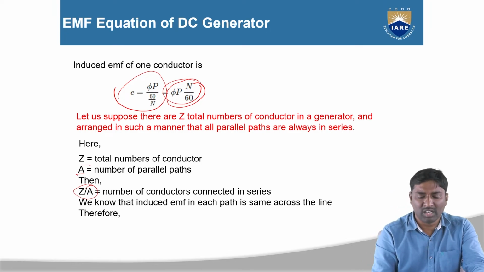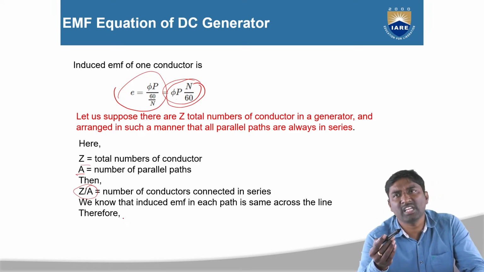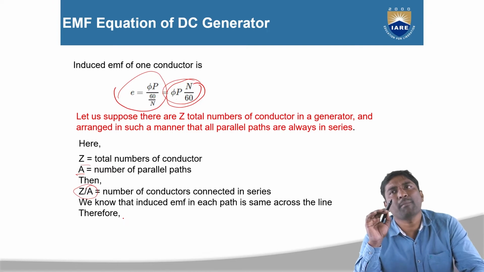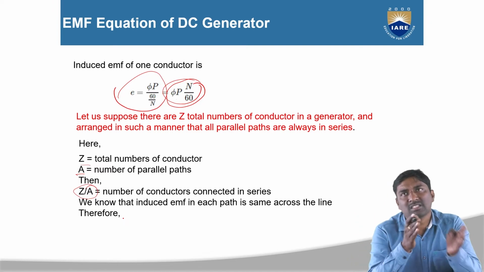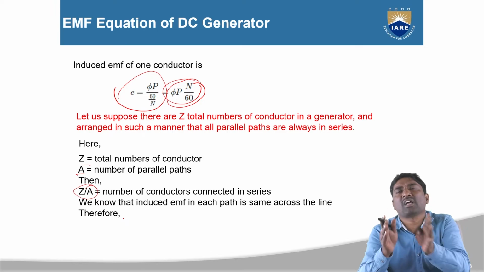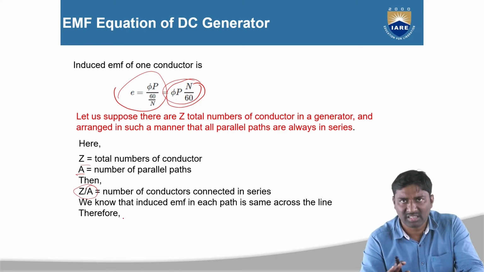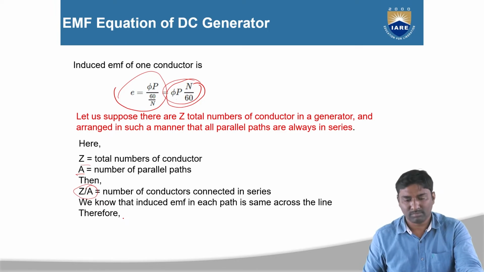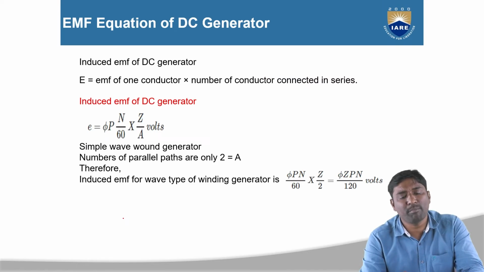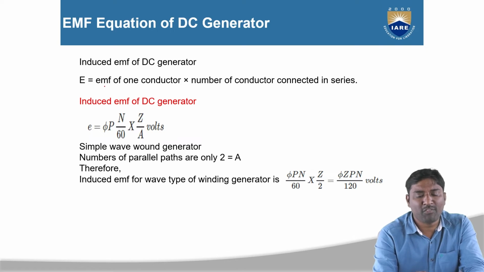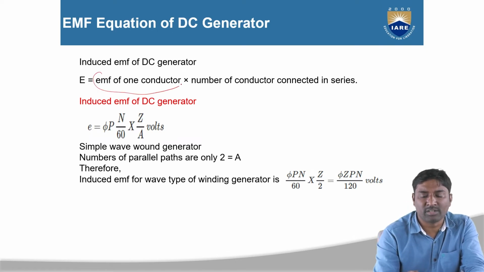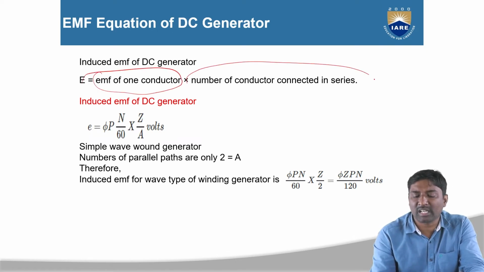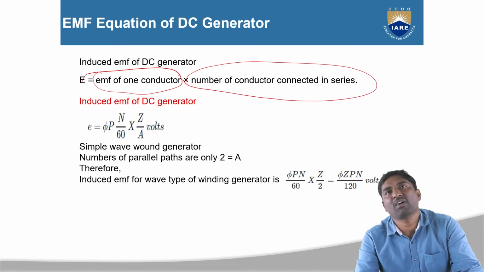Now we know that the induced EMF in each path is the same across the line, because all parallel paths are always connected in series. Therefore, the induced EMF of the DC generator is equal to the EMF of one conductor into the number of conductors connected in series.